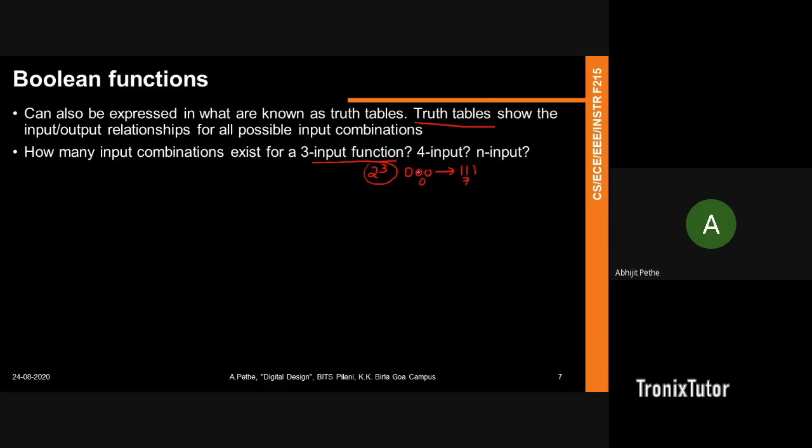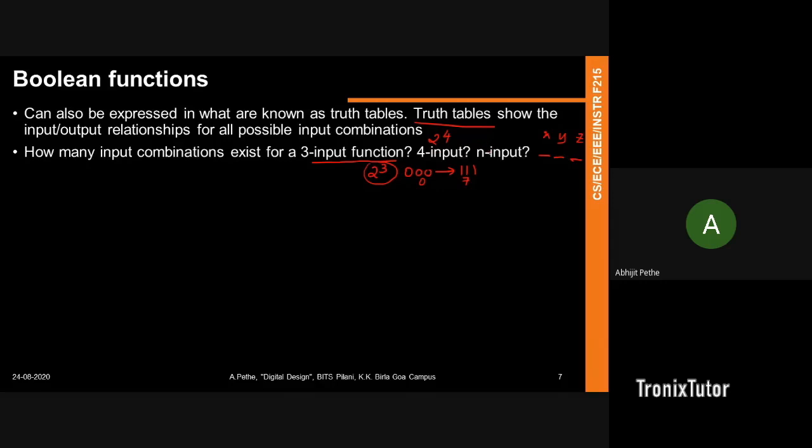So if I have 3 inputs, I can also think of this as a 3-bit binary number, right? Say my input functions are x, y, z. So how many numbers can a 3-bit binary number represent, all the way from 0 to 7? If I think about 4 inputs using the same logic, I will have 16 combinations of inputs.